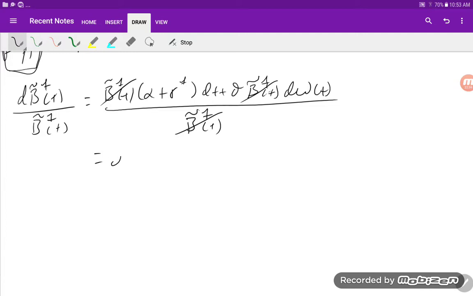So you see that we're just left with alpha plus r_d minus r_f dt plus sigma dWt.